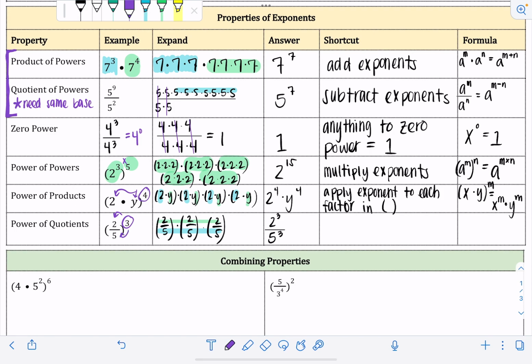In this case, it's a numerator and denominator because we had a quotient, but it works the same way. So for the shortcut, I'm going to say apply the exponent to the numerator and denominator. Or you can say to the top and the bottom of the fraction if that's easier.